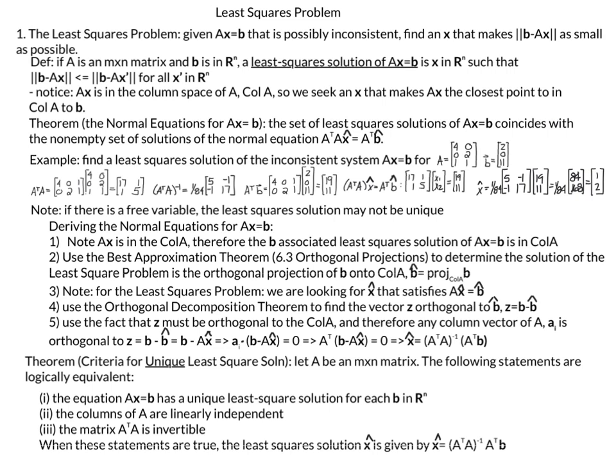We use this theorem here, which gives us the normal equations for Ax = b. This theorem says the least squares solutions of Ax = b coincide with the non-empty set of solutions of the normal equation AᵀAx = Aᵀb. So what this theorem allows us to do is convert from this equation Ax = b, which may or may not have a solution, to this normal equation, AᵀAx = Aᵀb, which always has solutions.